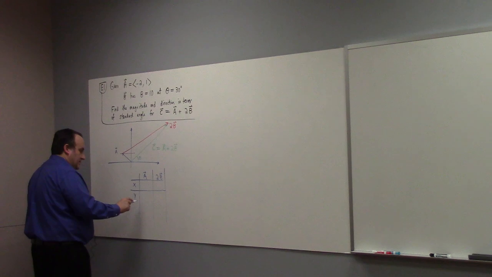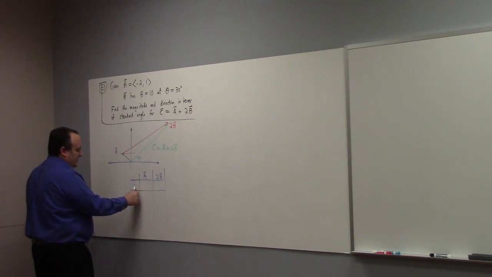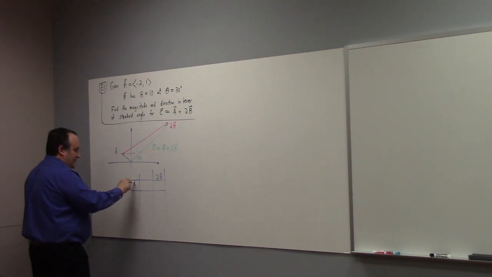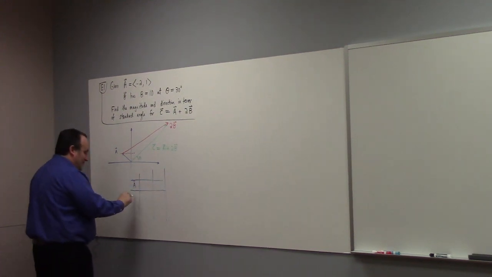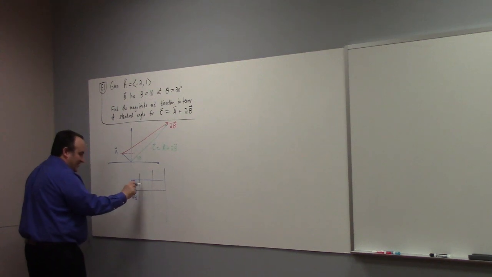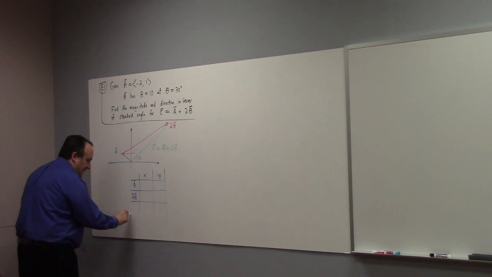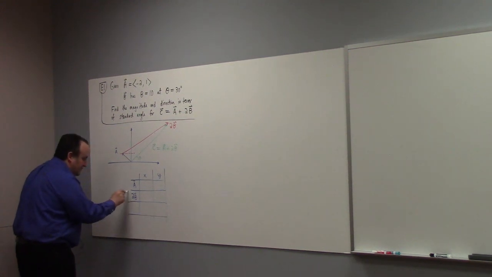Let's see here. Oh, I'm sorry, I'm an idiot. Let's do this again. So sorry, guys. I've forgotten my ways. Put A over here. Put 2B over here. Let's make this X. Let's make this Y. And then down here, we will find the components to what we're interested in.